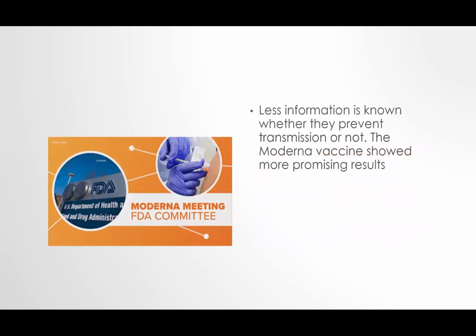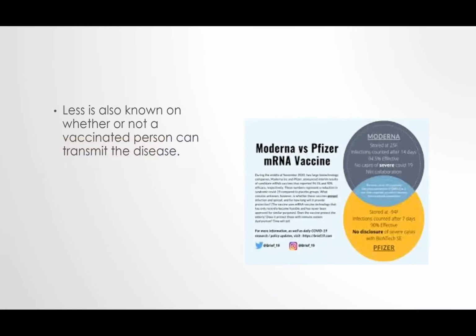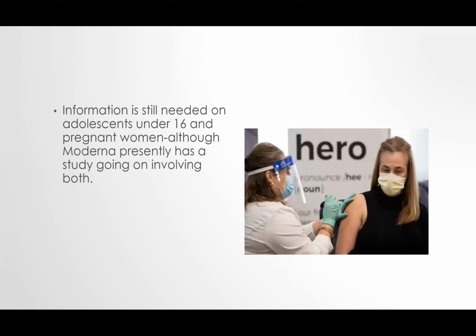Less information is known whether they prevent transmission or not. The Moderna vaccine showed more promising results. Less is also known on whether or not a vaccinated person can transmit the disease. Information is still needed on an adolescent under 16 and pregnant women, although Moderna presently has a study going on involving both.